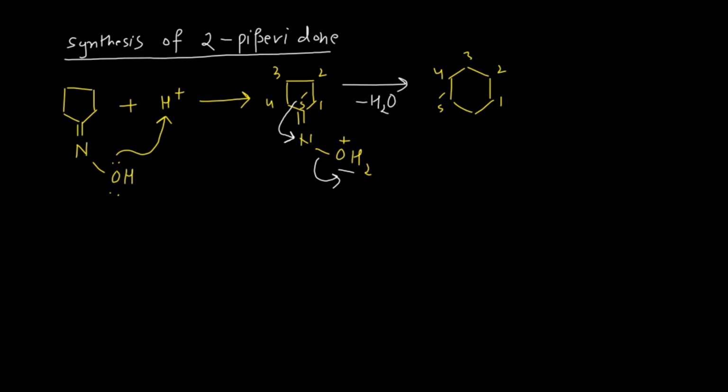Please let me remove this. Let me remove this, okay. Now 6-membered ring I will make, or did I make any mistake? Let me check. Okay. Now you see this bond has migrated.